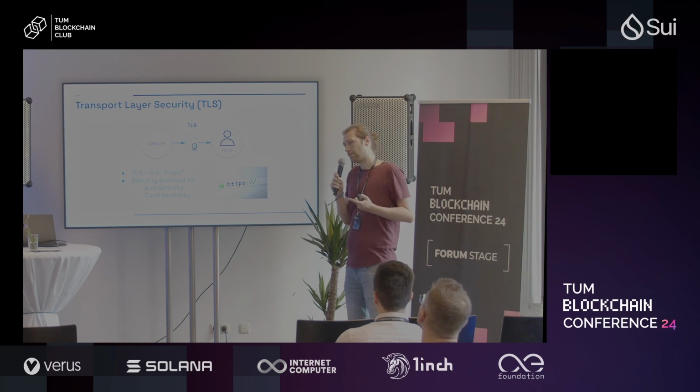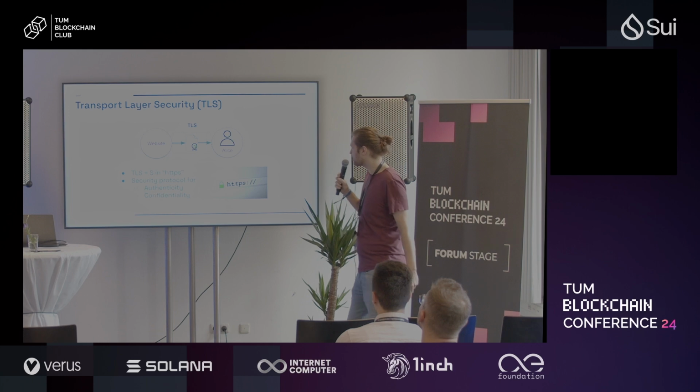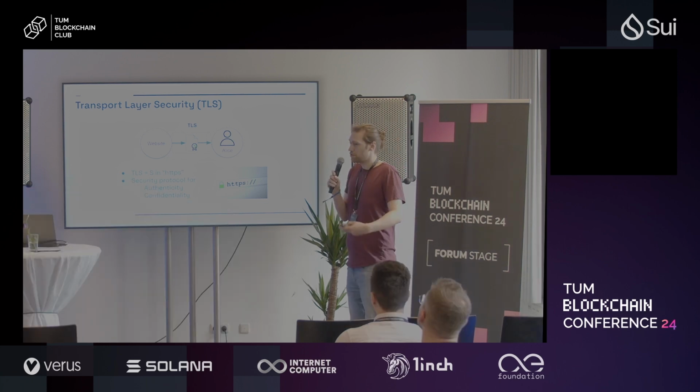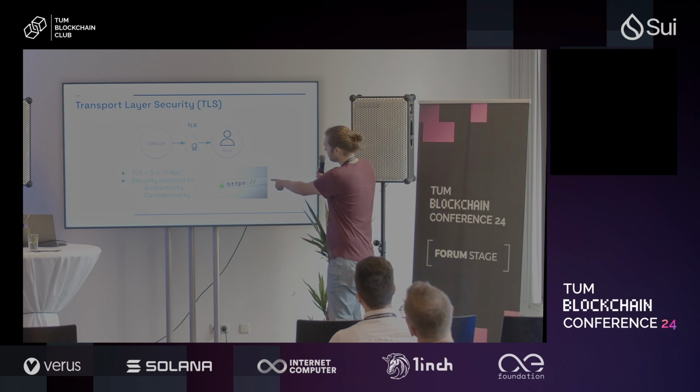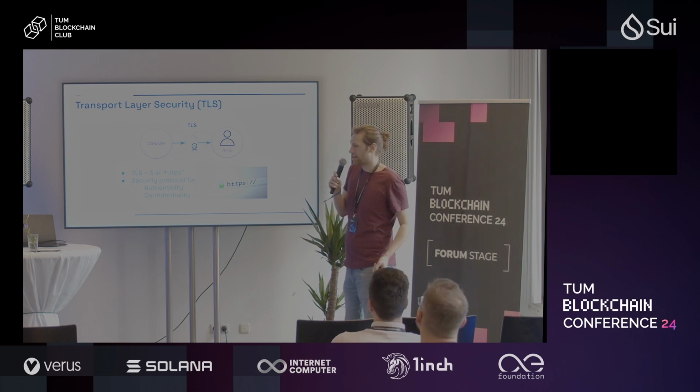The first thing is that you are connected to the right website, which the website claims to be. And the other thing is that the traffic is encrypted, right? And these two things go by the name authenticity and confidentiality. And whenever you go to a website, you're using HTTPS, and the S is basically HTTP with TLS. So it's widely deployed.